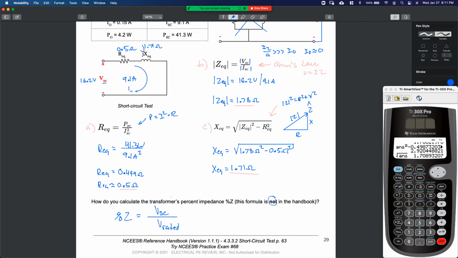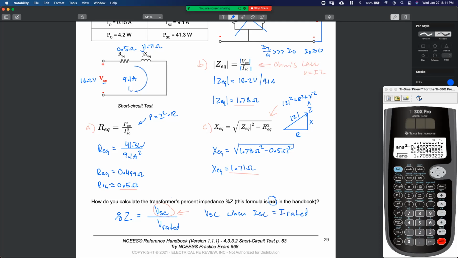But it's not just any V short circuit. It's got to be the applied voltage during your short circuit test when I short circuit equals I rated.